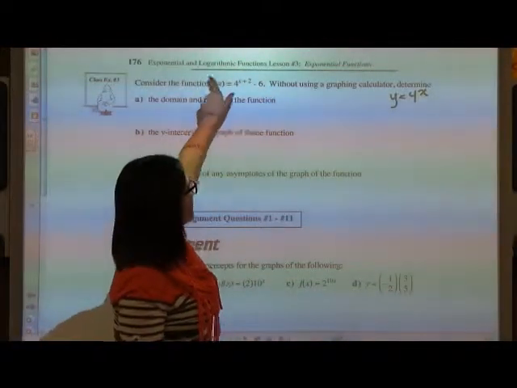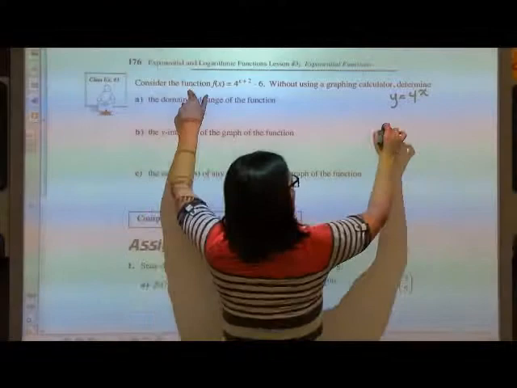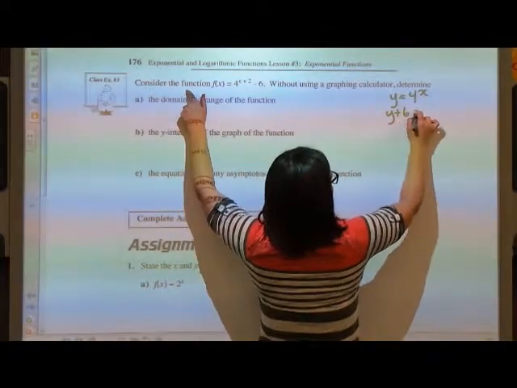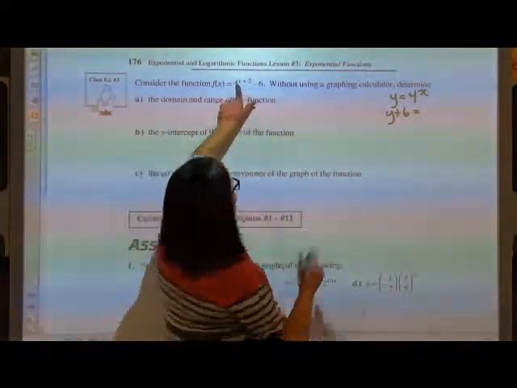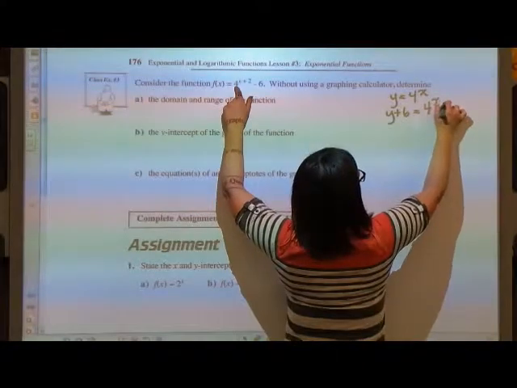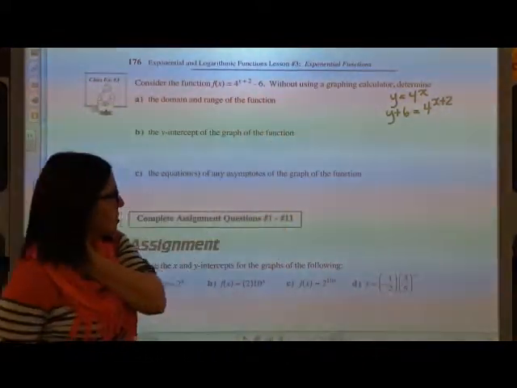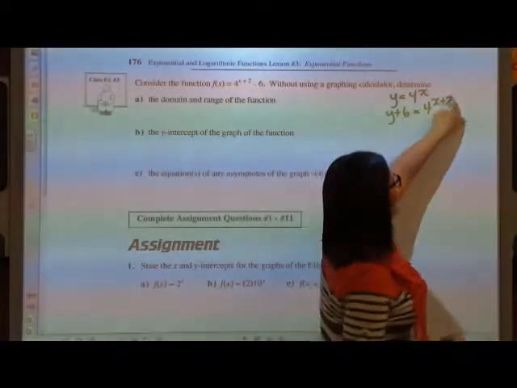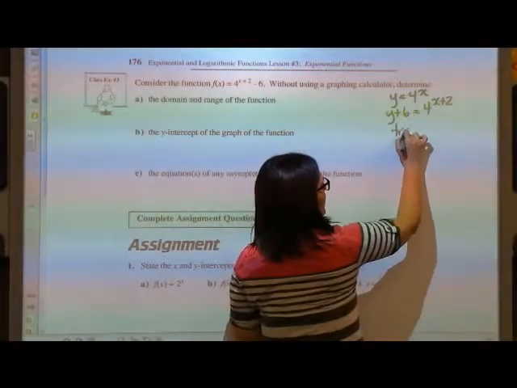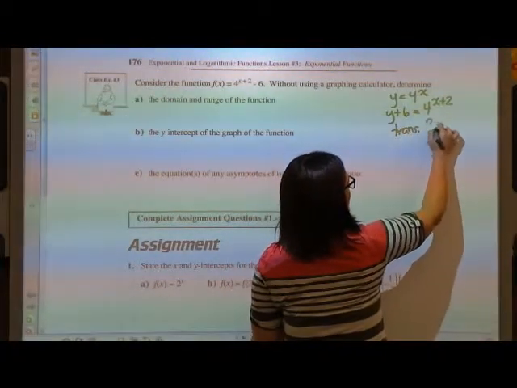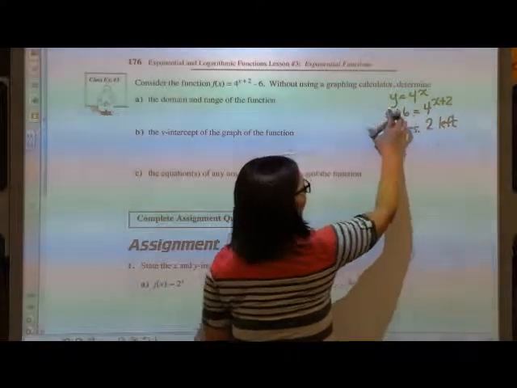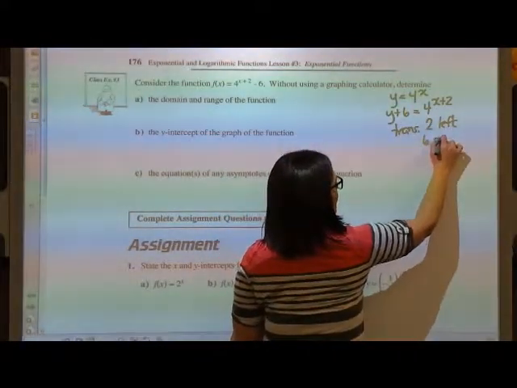Well, this minus 6 was with the other side. So I had a y plus 6 at one point in time, and then a 4 to the x plus 2. So this x plus 2, that's a translation to the left, and this y plus 6 is 6 down.